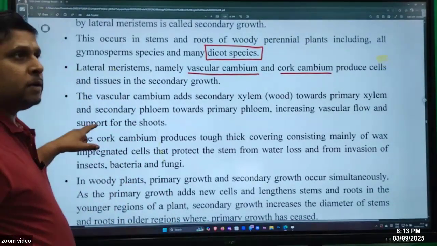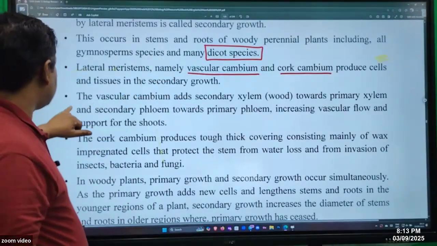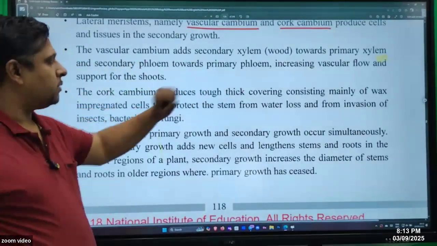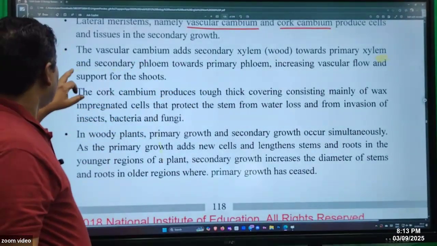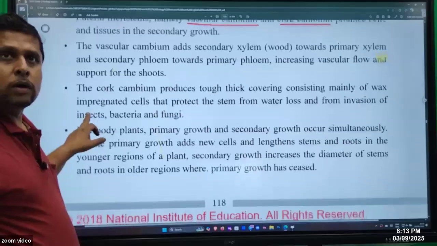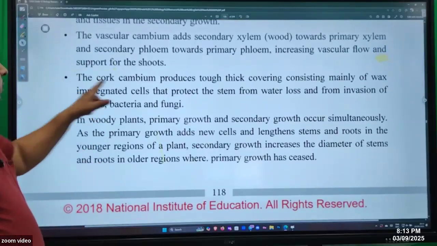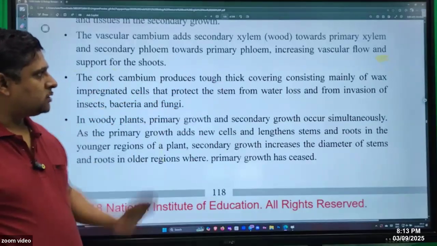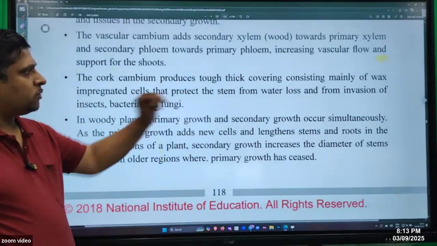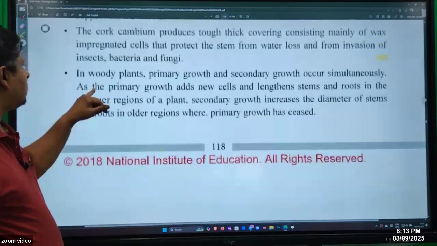The vascular cambium adds, and the cork cambium, that we said. The vascular cambium adds the secondary xylem towards the primary xylem and secondary phloem towards the primary phloem. The cork cambium produces a tough, thick covering consisting mainly of suberin-impregnated cells, which protects the stem from water loss and from invasions of insects, bacteria and fungi.